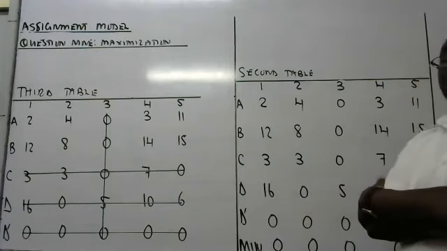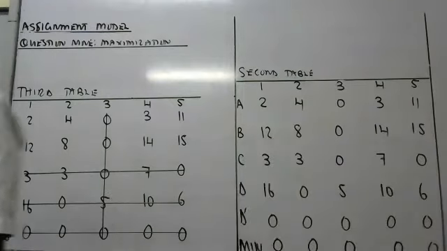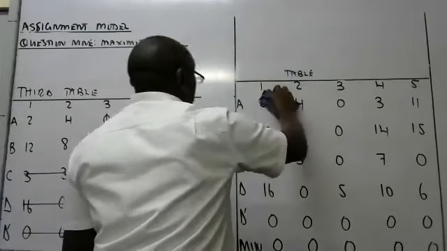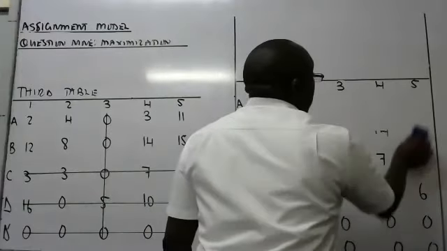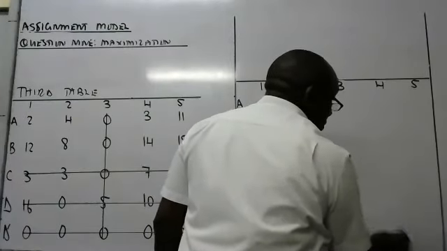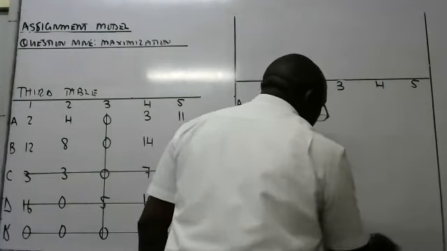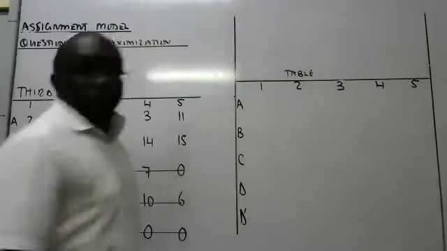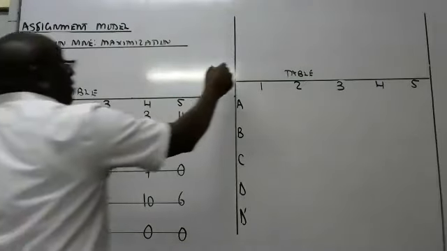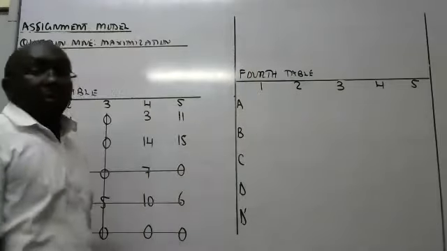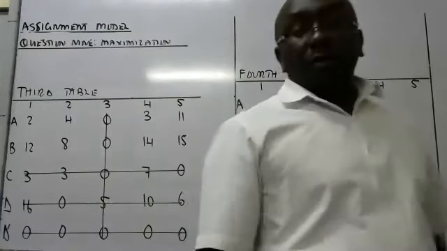So if we are not optimal, it means we do the next table, which will be table 4.